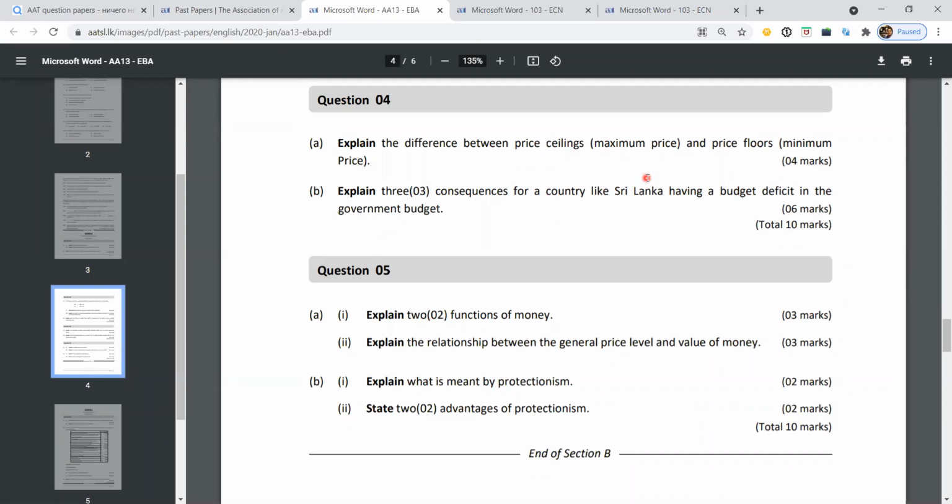Price floor is introduced for primary sector goods in order to protect the wealth of producers.